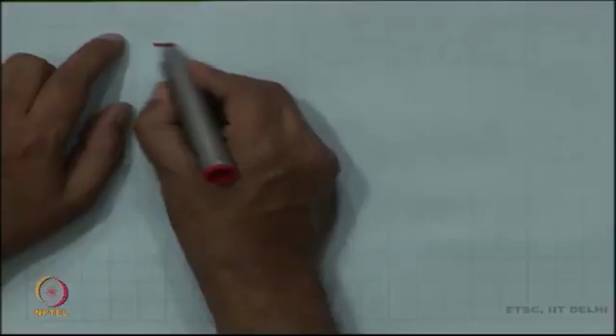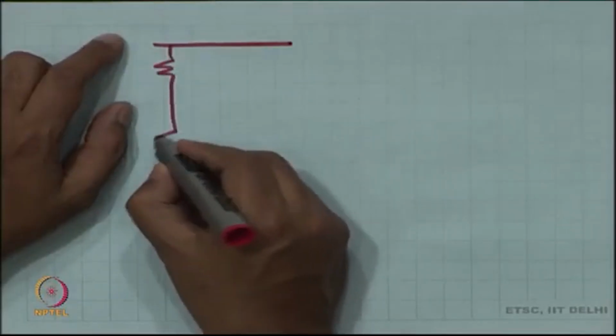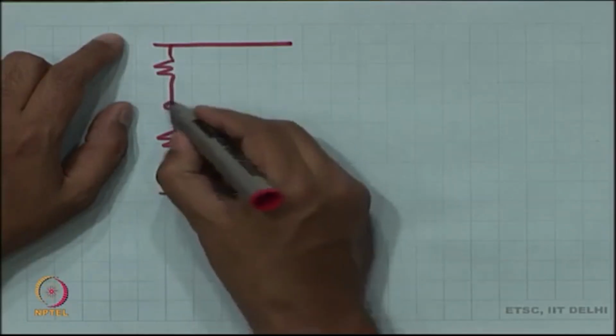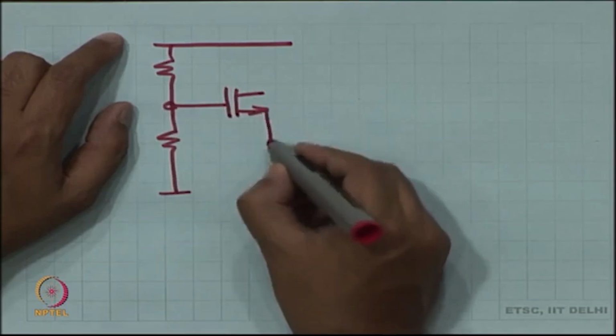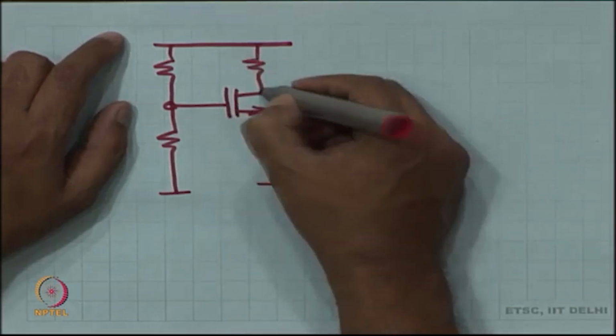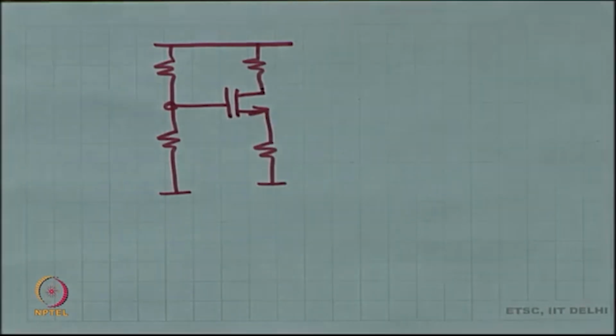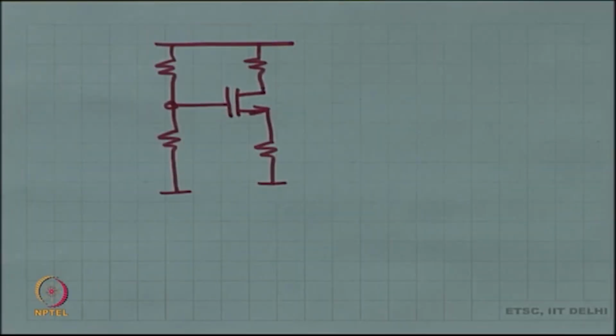First of all, our biasing circuit is common. It does not matter whether you are doing common source, common drain, or common gate, we use the same core structure to establish the DC operating point. And we had a long discussion on why this structure looks like this.